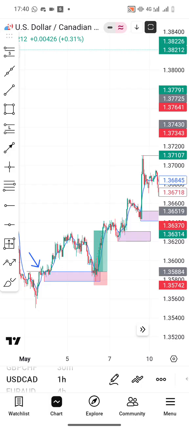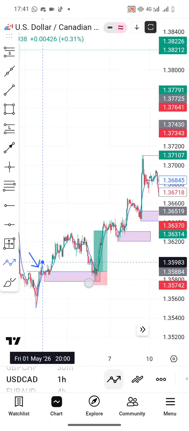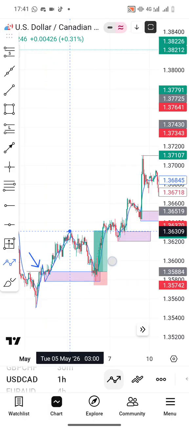Next is, how do you draw a trend line? A trend line is said to be valid if it touches at least two points, like the example I just gave you: high, low, higher high. What did the market do?